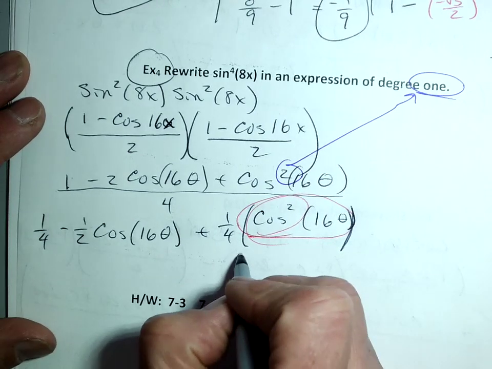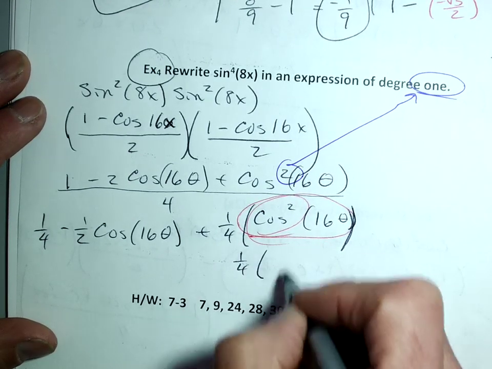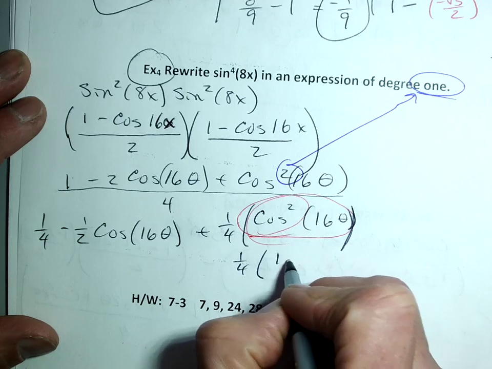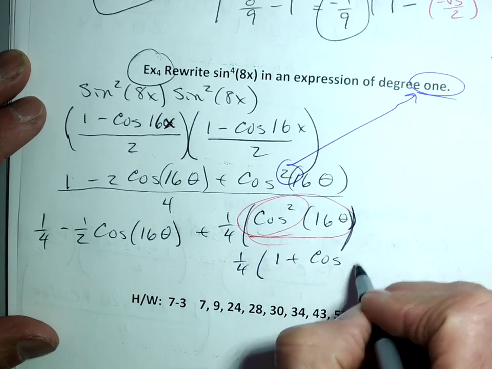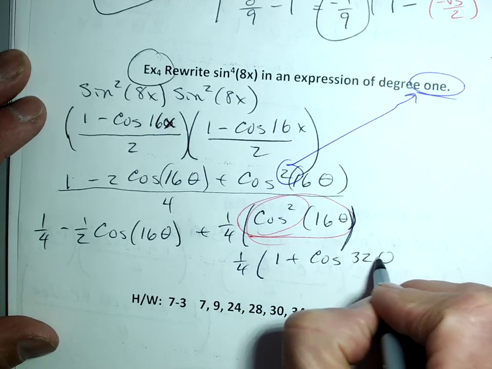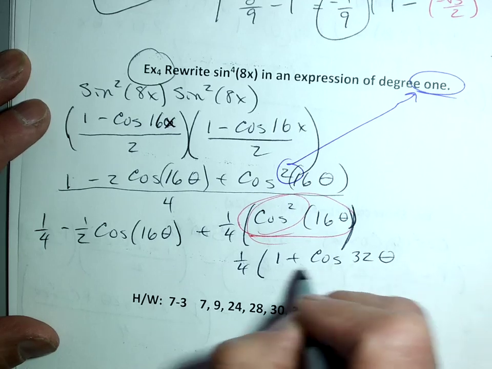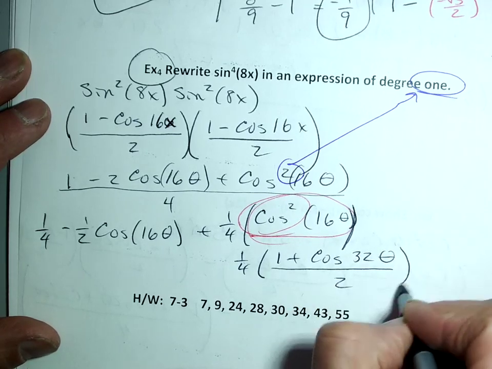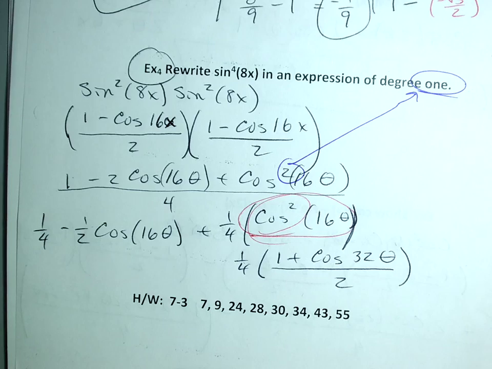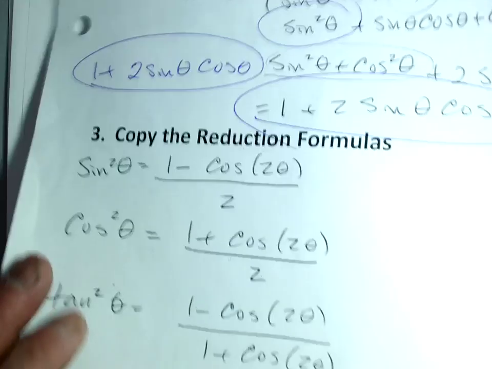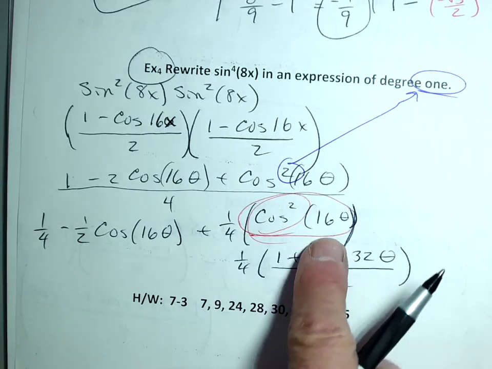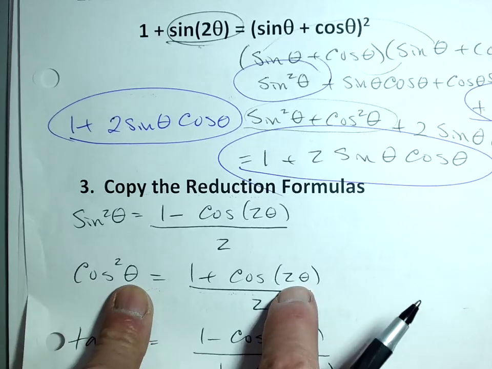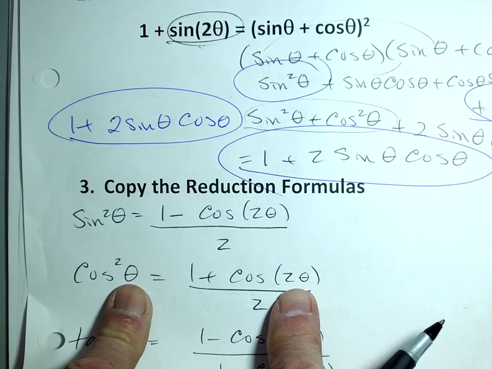This is a 1/4 times a 1 plus cosine of a 32 theta, all over 2, okay? Landon said earlier, if this is a 16, then we go to a 2 theta, which doubles it, right? You guys see that? So what a mess.